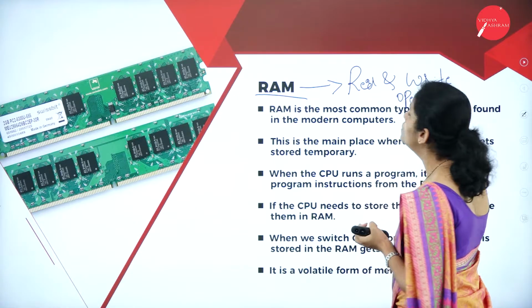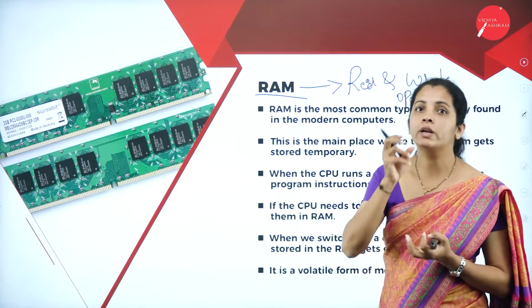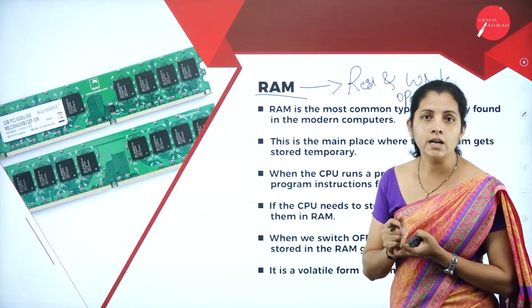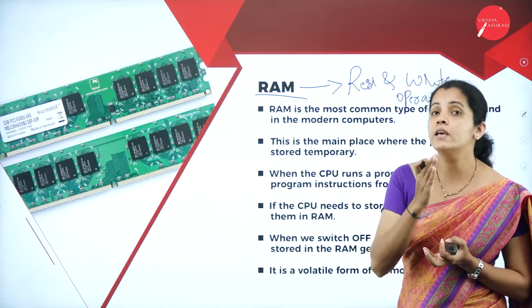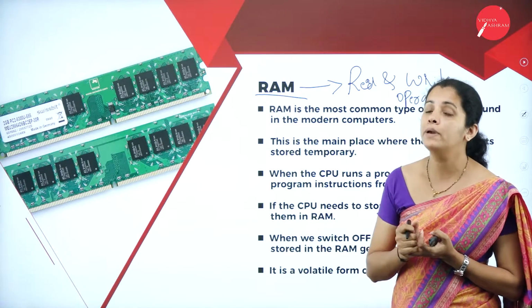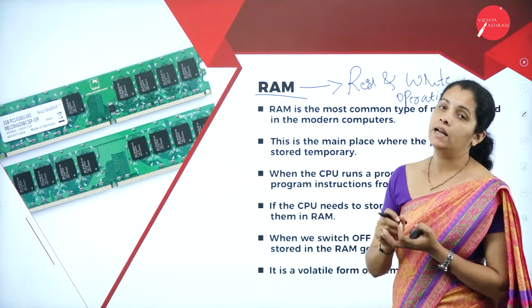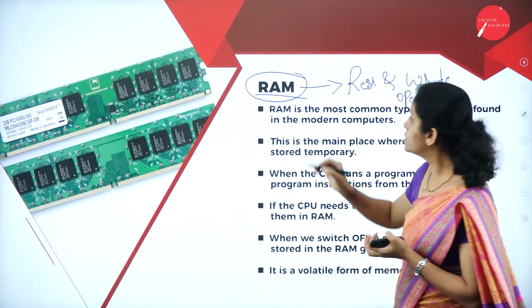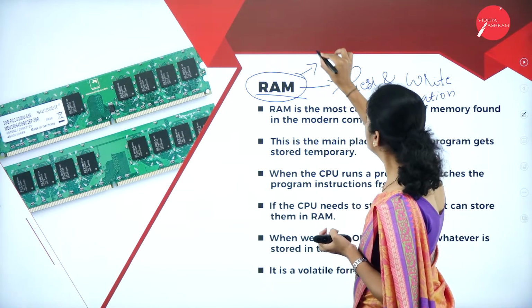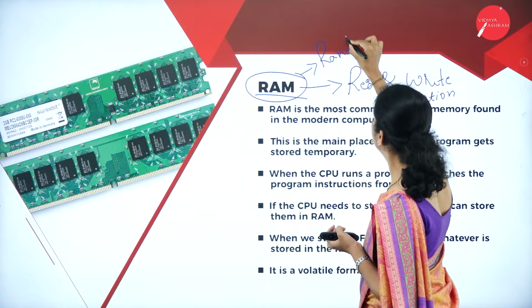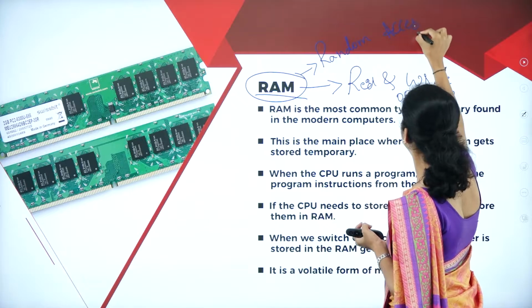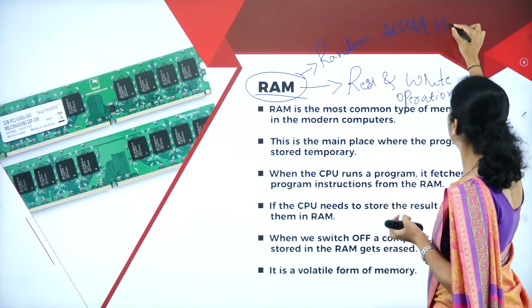That means the user is capable of reading the data which is stored in the random access memory. At the same time, the user is capable of writing the data onto the random access memory. So RAM stands for random access memory.